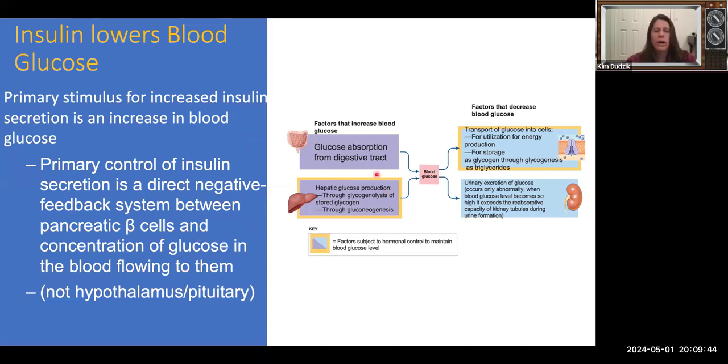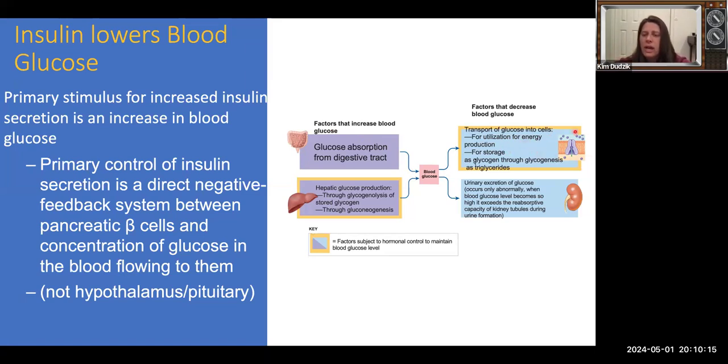And that's the direct negative feedback system between beta cells and the concentration of glucose. All right. So here again, this nice little chart shows you that glucose absorption from the digestive tract is going to increase glucose in the blood, which would then cause the release of insulin, which then causes cells to take up glucose, put it into their cells, and again, use it for energy.